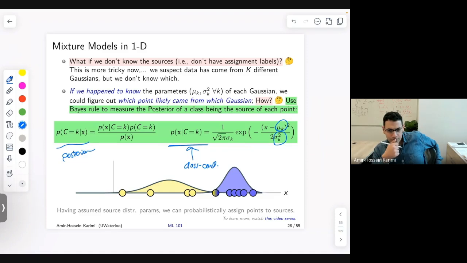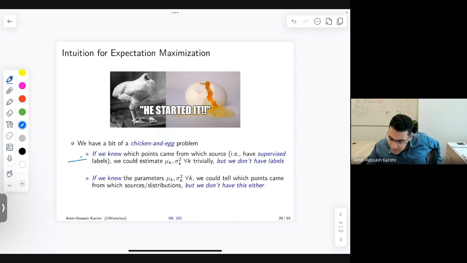Okay? Excellent. So what I'm saying is this, that we have somewhat of a chicken and egg problem in that if we knew which points came from which one of the sources, then we could estimate the parameters of those sources. And if we knew the parameters of the sources, then we could estimate which one of the points came from those sources.